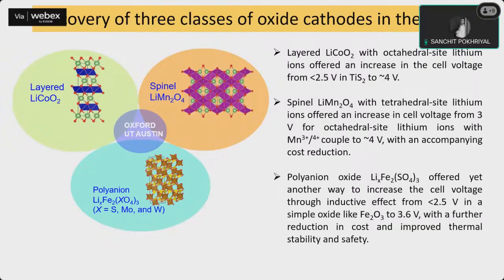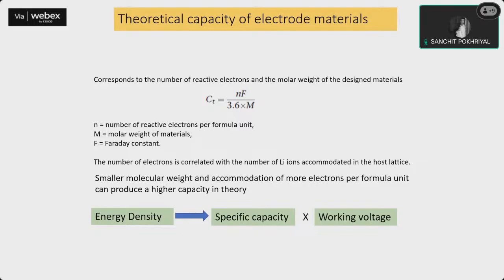Ma'am, can you please redefine what capacity is, not in mathematical terms but in physical terms? What capacity are we talking about here? Here, capacity means how much energy is getting delivered. This capacity is given in terms of milliampere hour per gram.